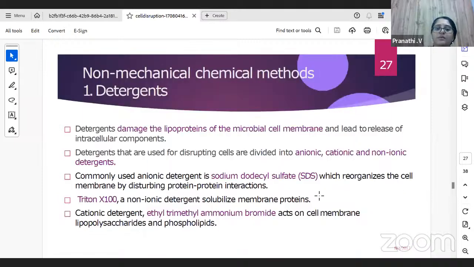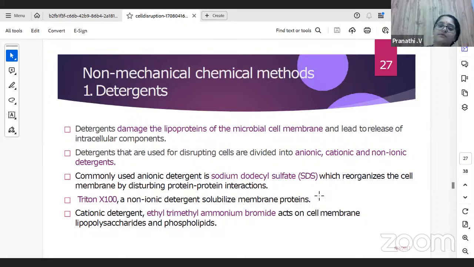Now, when it comes to non-mechanical chemical methods, you're going to use different kinds of detergents. What is going to happen using detergents? The lipoprotein on your plasma membrane or any microbial cell membrane is going to be damaged or cut. These detergents are again divided into anionic, cationic, and non-ionic detergents.